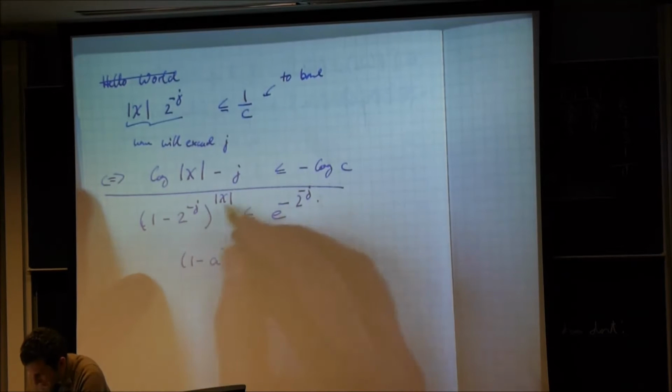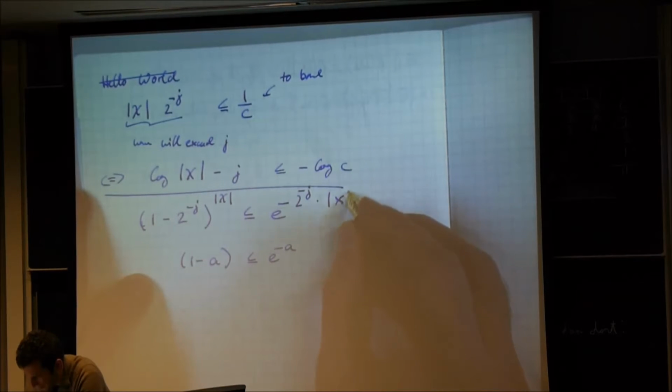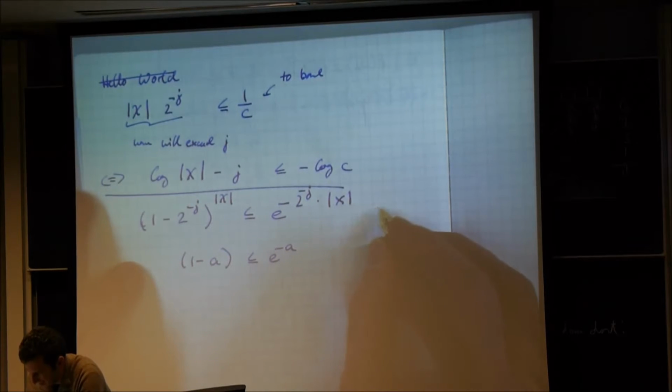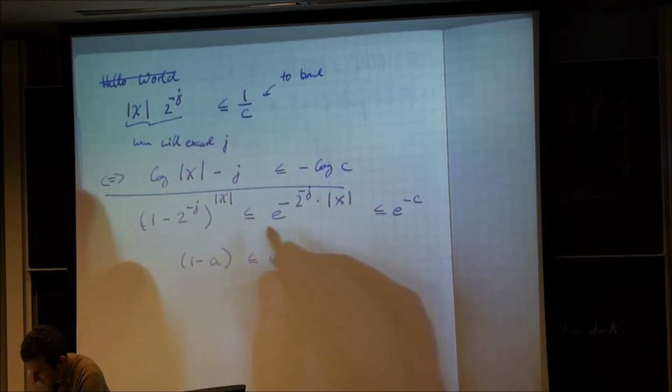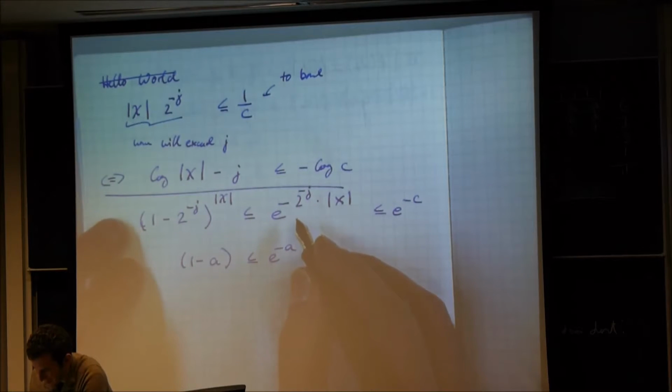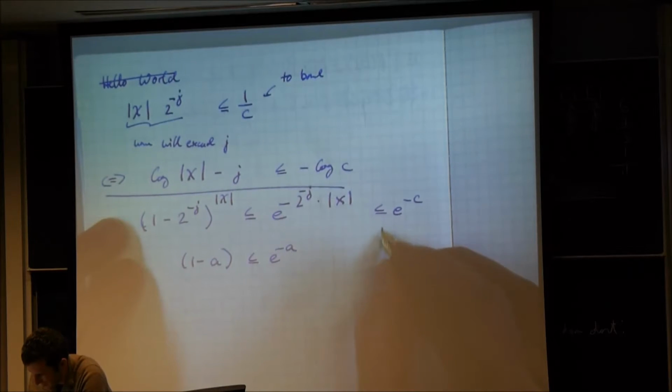And now, since this is an exponent, it comes in as a product, so we have the size of the domain. And I want to make sure that this is less equal than e to the minus c. But that holds just by construction because we put that exactly into our requirement.